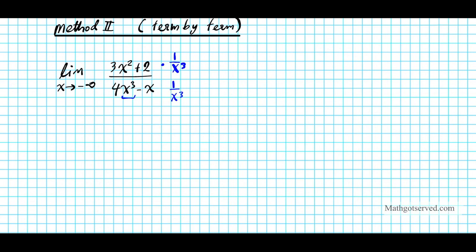Okay, I'm going to distribute that to the numerator and the denominator, so I'm going to have limit as x approaches negative infinity of 3x squared over x to the third plus 2 over x to the third divided by 4x to the third over x to the third minus x over x to the third.